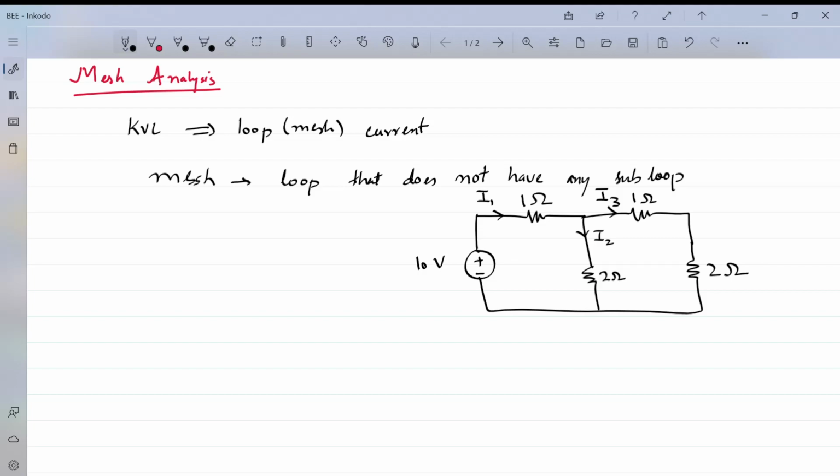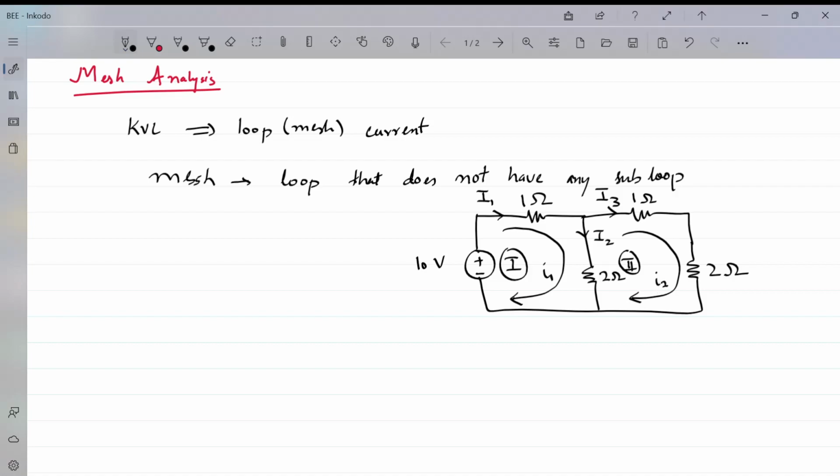But if we assign the mesh currents, we have two loops in here, or two meshes. This is loop 1 and this is loop 2. So we'll be assigning mesh currents or loop currents. Let this be small I1 and let this be another mesh current small I2.